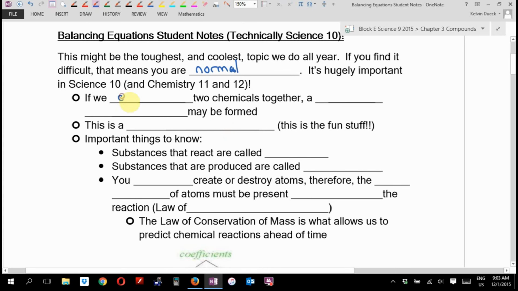If we combine two chemicals together, a new product may be formed. Not always. Some chemicals don't react with each other, but sometimes. This is called a chemical reaction. This is the fun stuff.